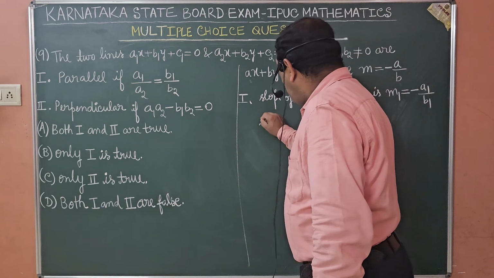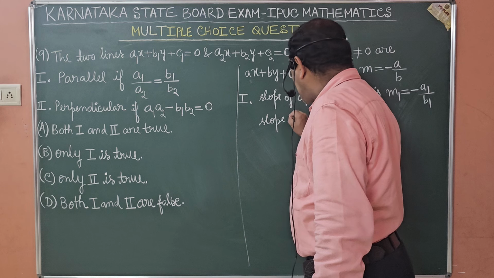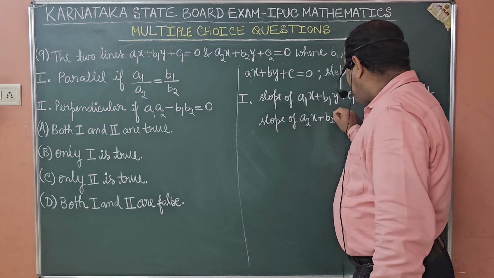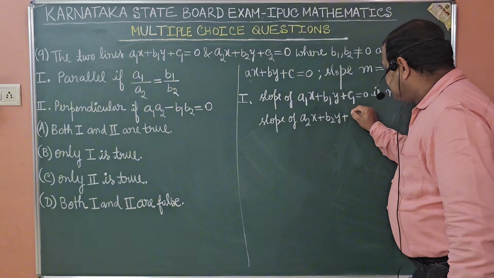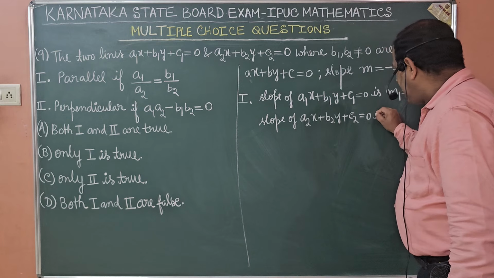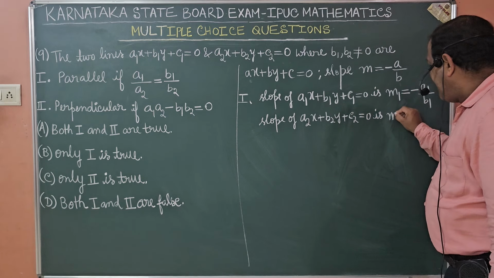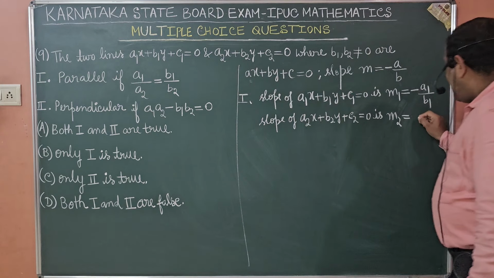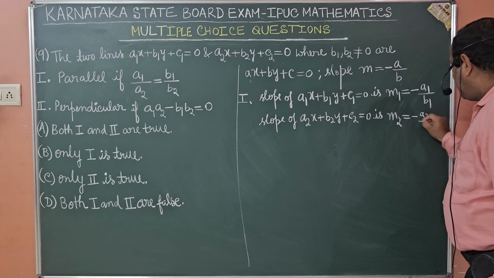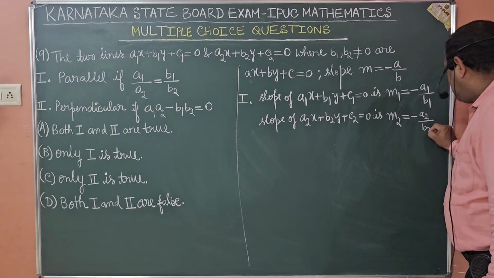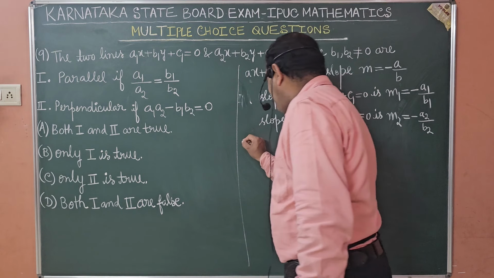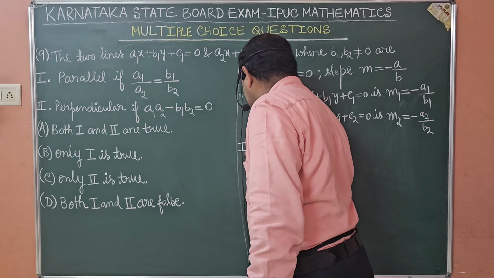Similarly, the slope of the second line a2x + b2y + c2 = 0 is m2 = -a2/b2. These are the slopes. Now, let me start verifying statement 1.